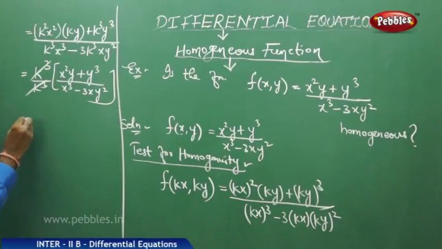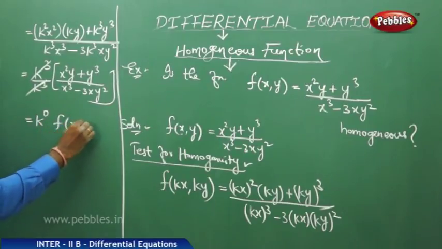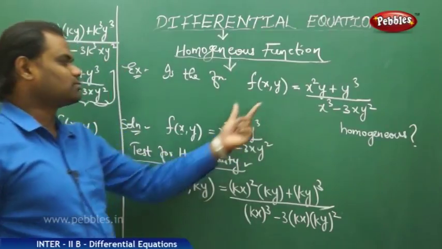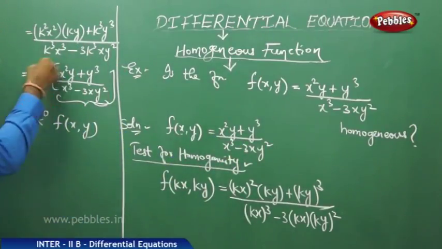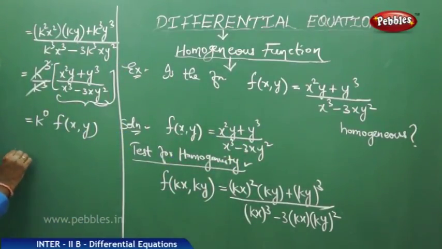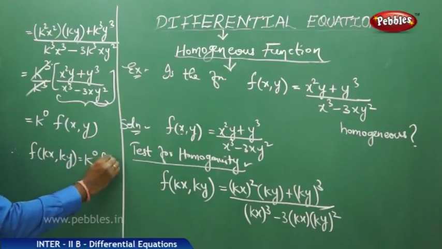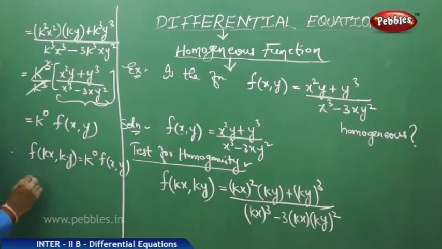Therefore I get k power 0 times f of xy, because this is the original function f of xy. Therefore, f of kx ky is k power 0 times f of xy.